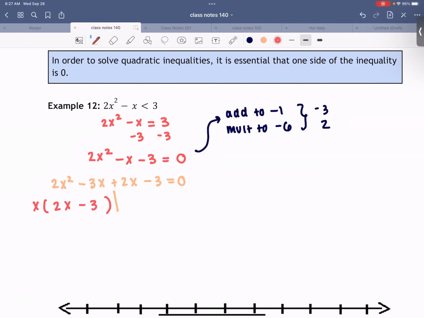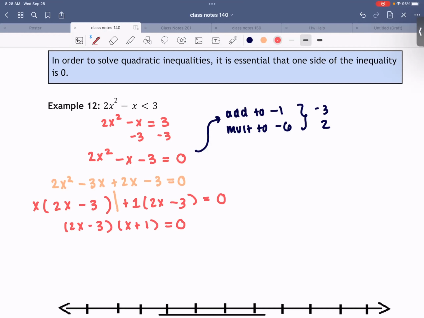What can I take out of the right-hand side? 1, right? They both don't seem to share anything. So let's just take out a 1, and we're left with 2x minus 3 there. What are my two factors? 2x minus 3 and x plus 1. Good. So just a little review from our test.